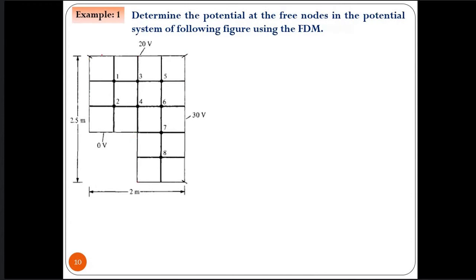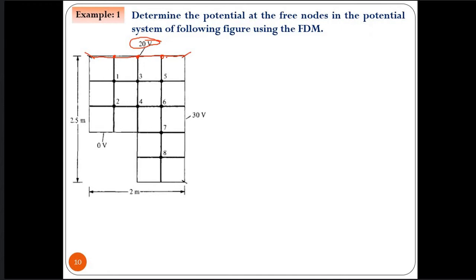And you see there are some cutoff points. Over this particular boundary line, the potential is 20 volt. As per our discussion, are these nodes fixed or free nodes? These nodes are fixed nodes because the potential on this solution boundary is known or given, that is 20 volt.